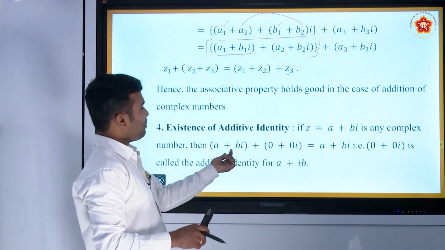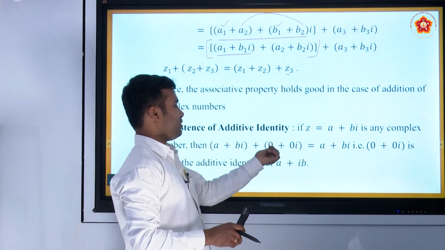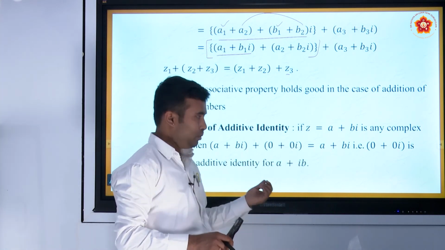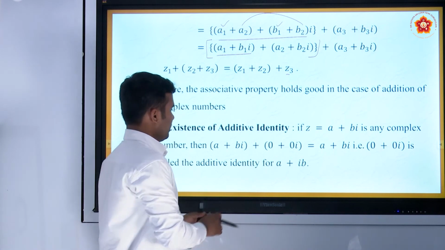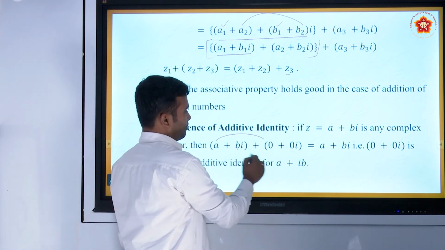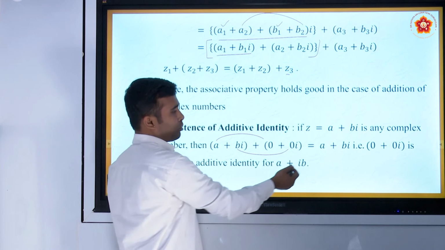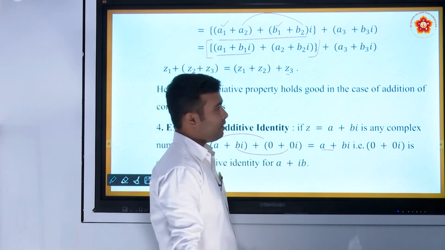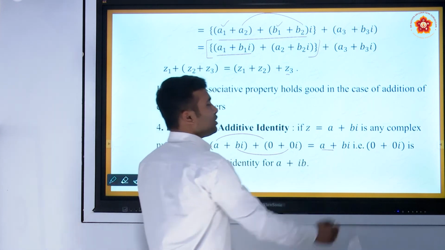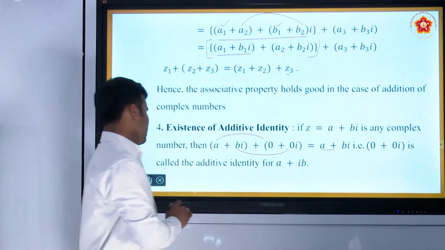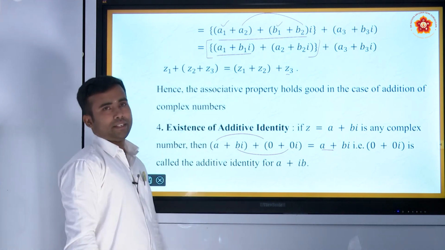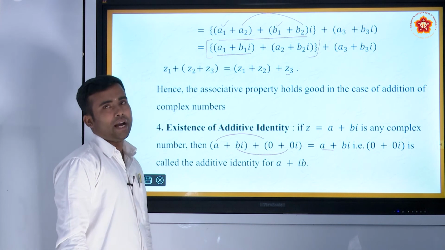So now a plus bi plus 0 plus 0i, and if you see, this is the real part and this is the imaginary part. If you add it together, you will end up with a plus bi itself. Therefore, we can say that 0 plus 0i is called the additive identity for a plus bi.